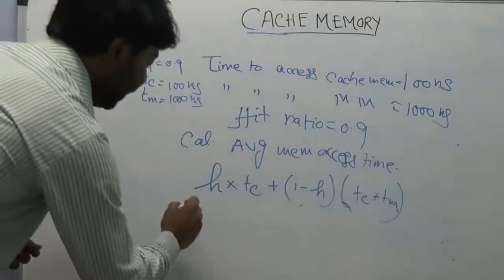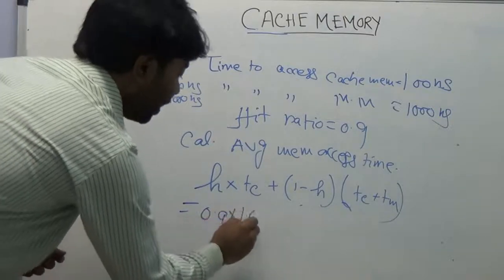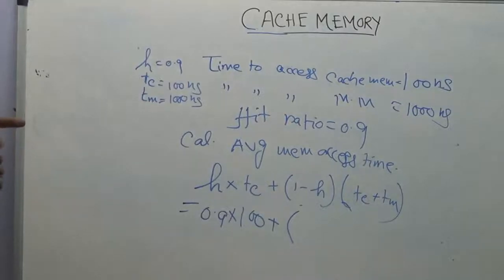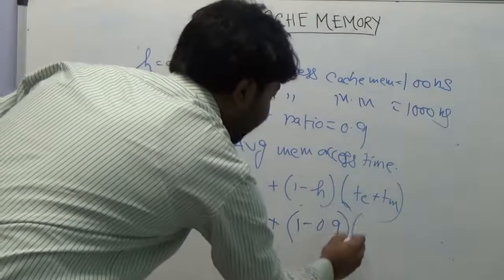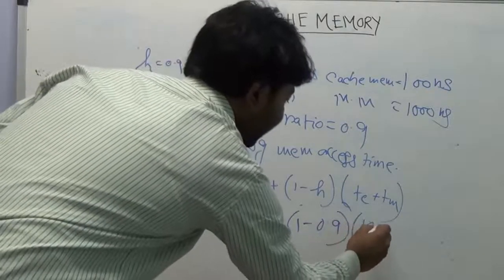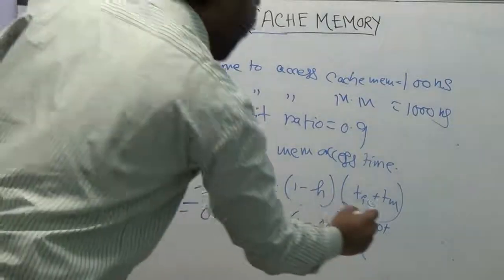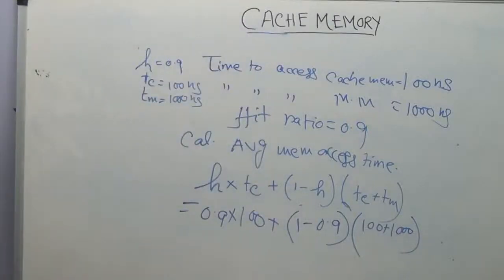So equal to 0.9 into 100 plus 1 minus H. 1 minus H is also known as miss ratio. So 1 minus 0.9 into TC, time to access cache memory, that is 100 nanosecond, plus time to access main memory, that is 1000 nanosecond.